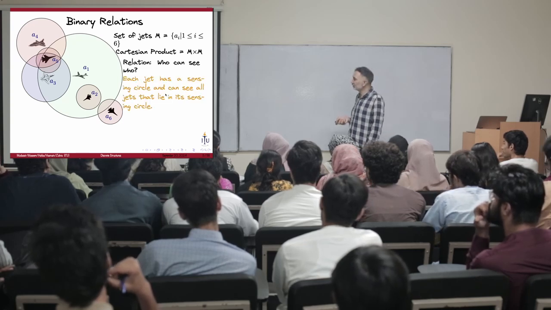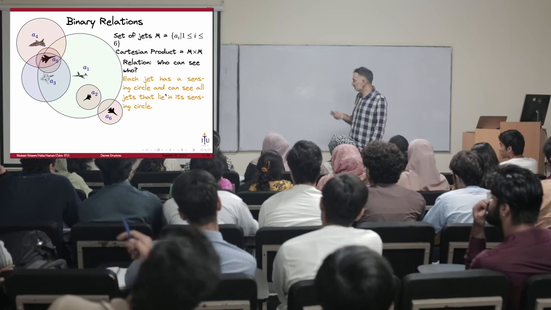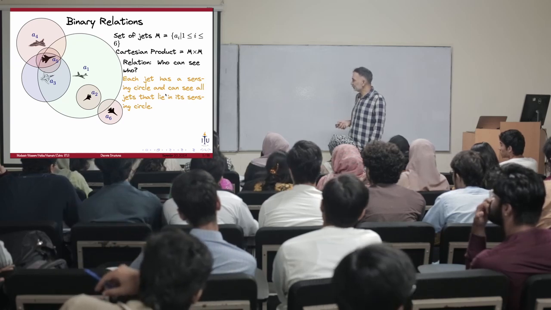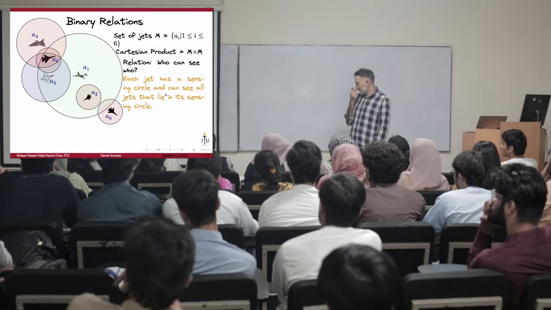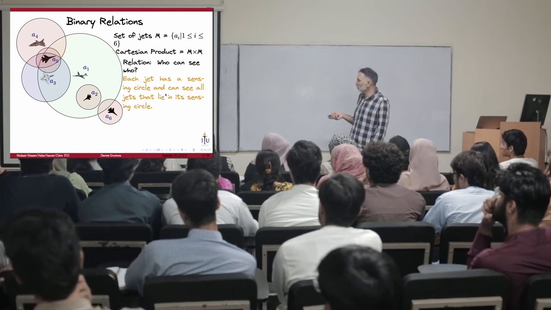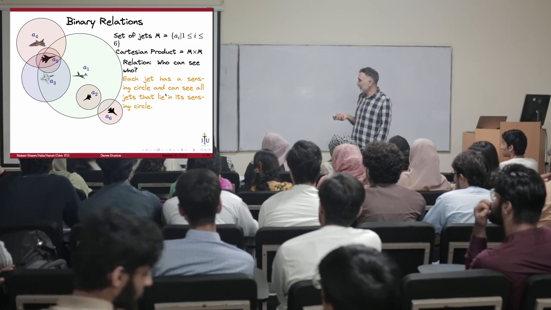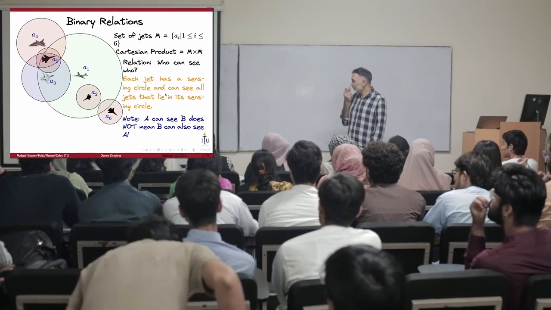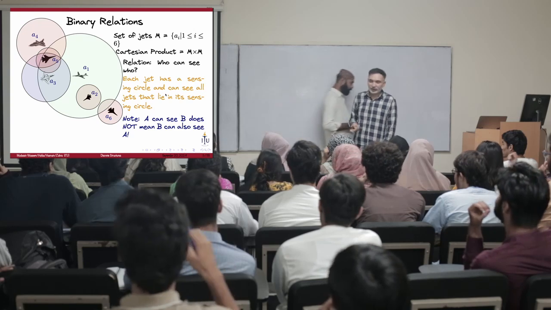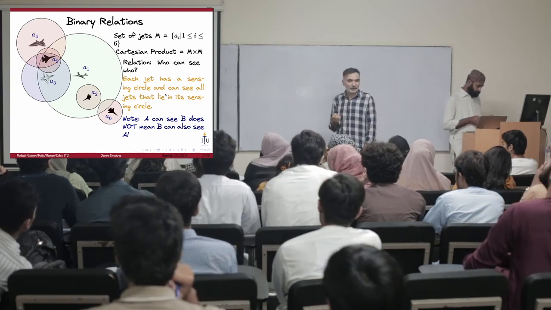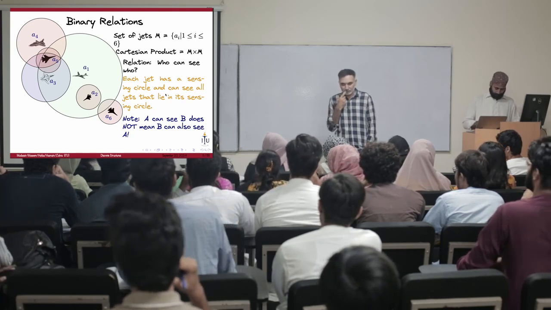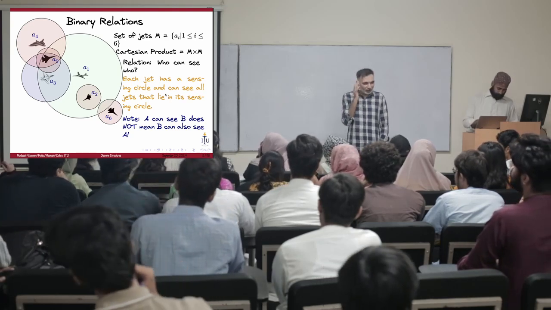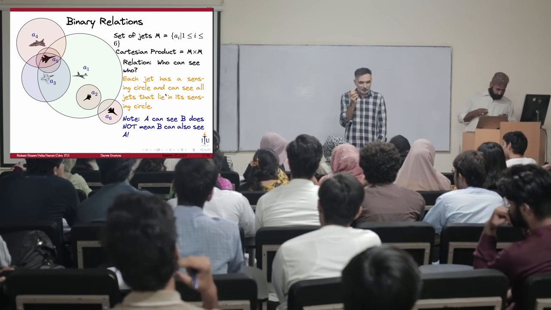So for example, each jet has a sensing circle and can see all the jets that lie in its sensing circle. Here's the important point: A can see B does not imply that B can see A, which means the direction is important.